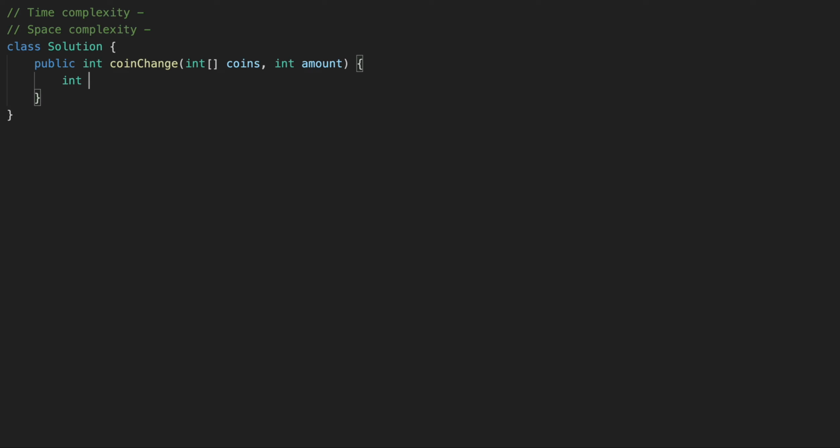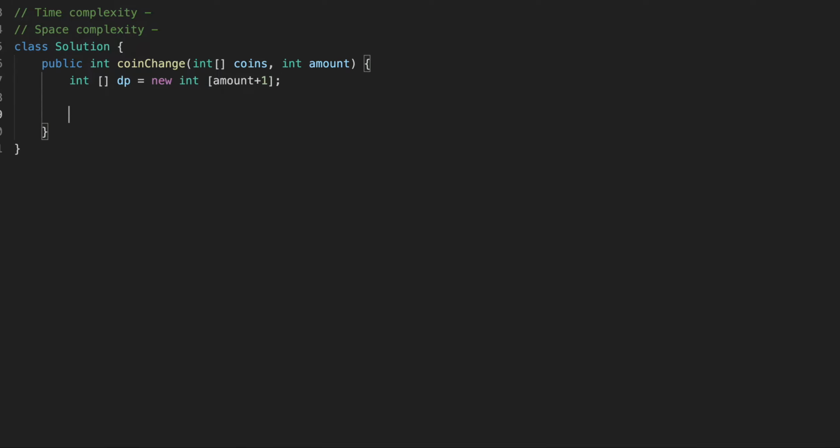Okay, first thing that we are going to do, let's create our array dp, dynamic programming. We are going to store, for each amount, the minimum number of coins needed for that amount. So it's going to be of size int amount plus 1, because we are also considering the 0 index.